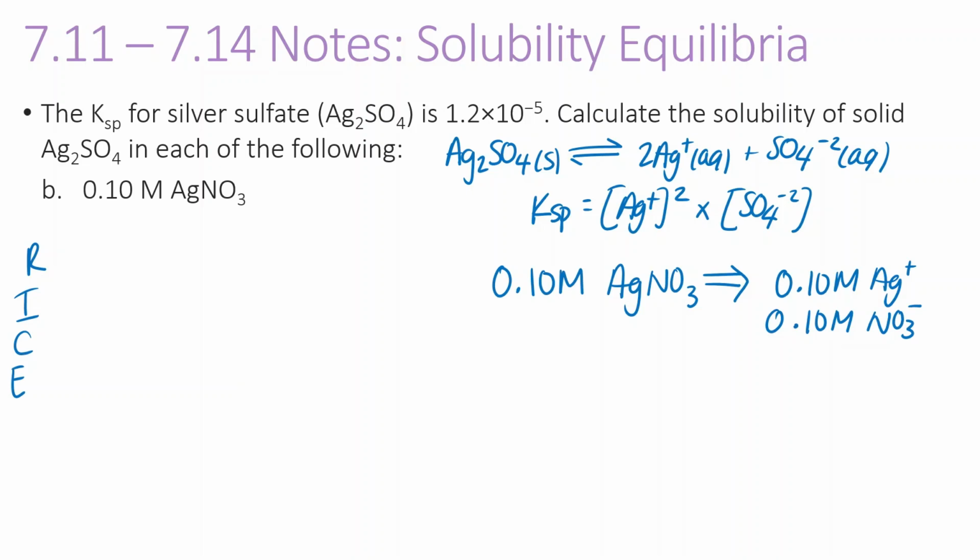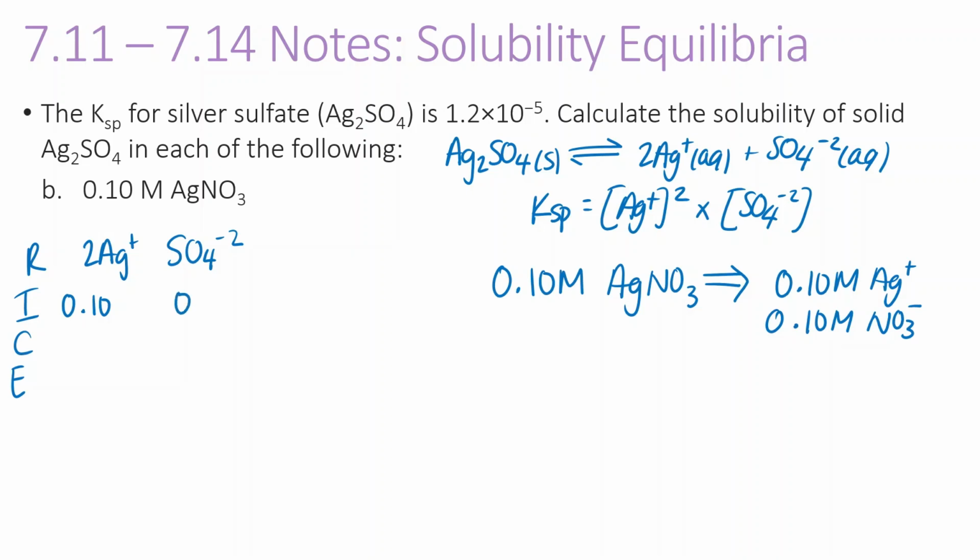Now, my reaction, again, I'm going to include just the things that are in my KSP expression. So that would be silver ion and sulfate ion. Now, in pure water, the initial concentration of both of these is 0. But we don't have pure water here. I am starting with this much, 0.10 molar Ag present in my solution already.